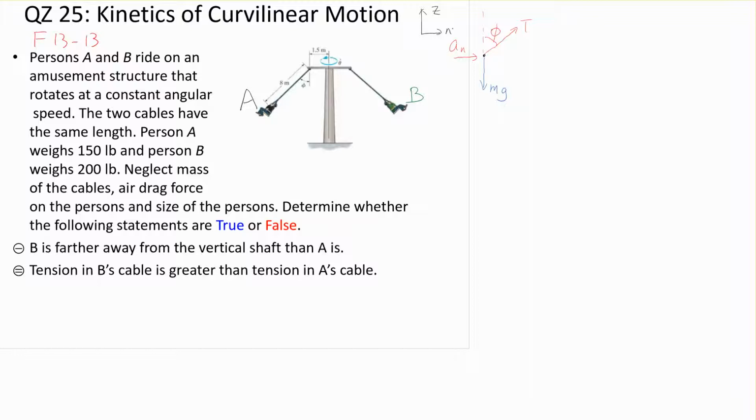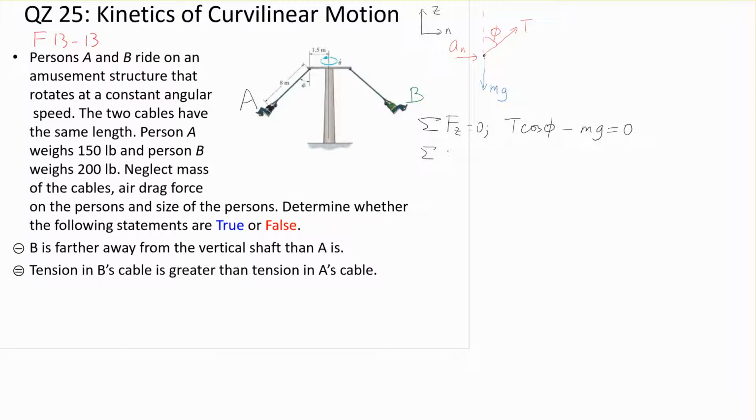The tangential direction we actually cannot see because it's perpendicular to the screen, coming out of the screen. So we are going to set up the kinetics equation in two directions, z and n. In the z direction, sigma Fz is 0 because there's no acceleration in the z direction. The forces in this direction are the component of T in the vertical direction, T cosine phi, and the gravitational force mg.